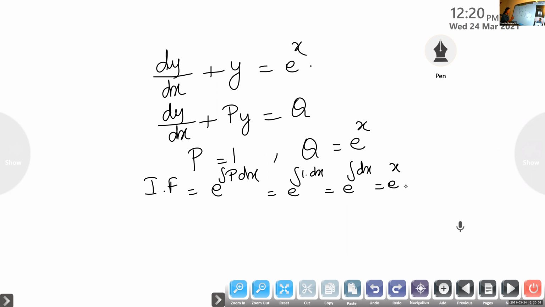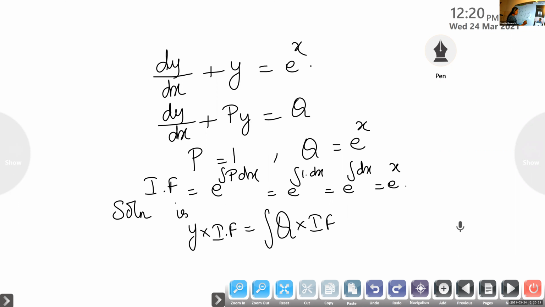What is the solution? The solution is given by y into integrating factor is equal to the integral of q into integrating factor into dx plus c.